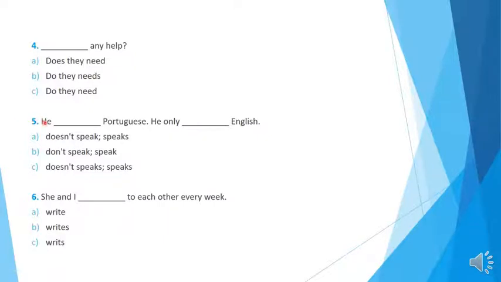Number 5, Portuguese is a language, he blank only English. Okay, I'm not going to read again because it's going to be so easy for you. Sixth one, she and I blank to each other every week.